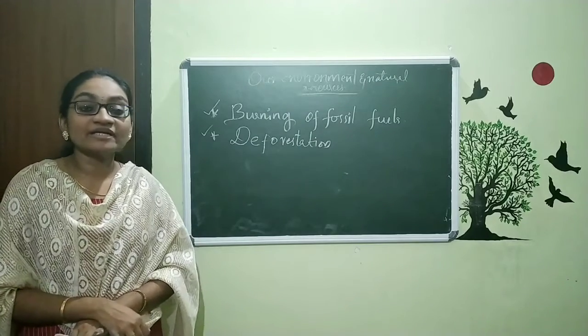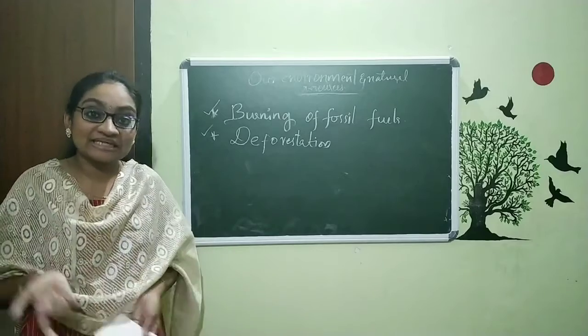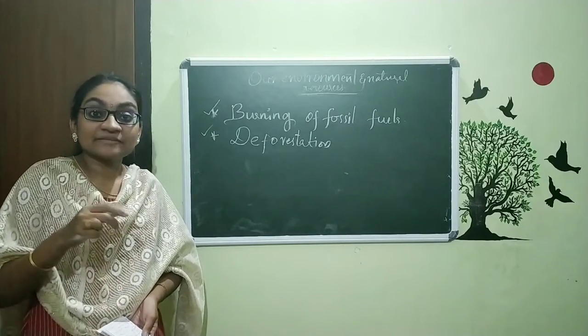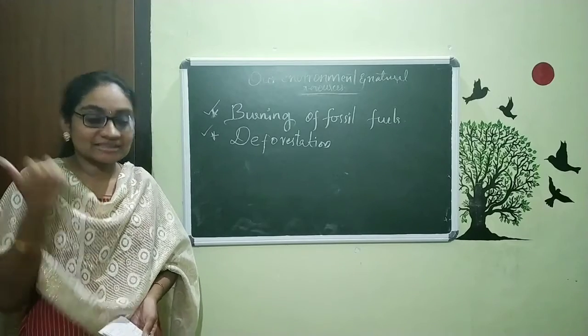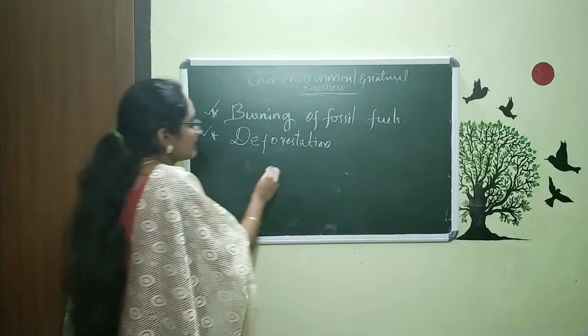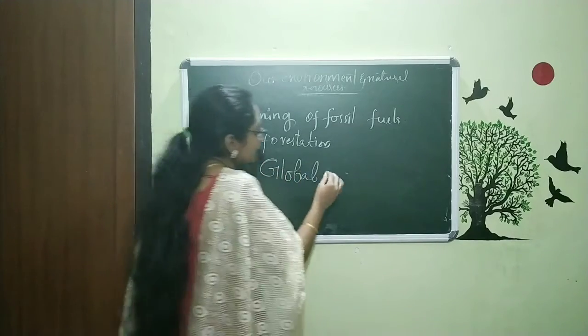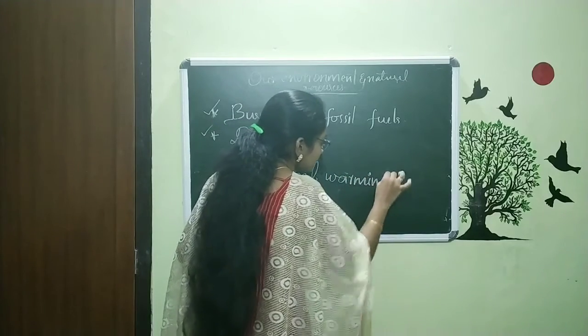Due to all these things, a particular thing happens. We already said that the temperature at the surface of Earth or the atmosphere is increasing, and I can call that by a particular name: global warming.